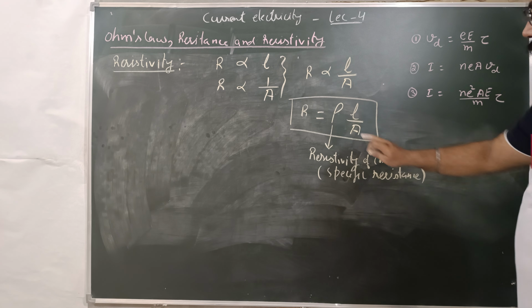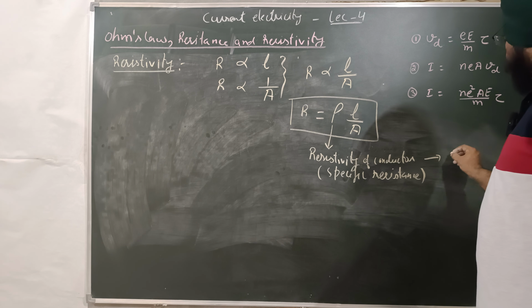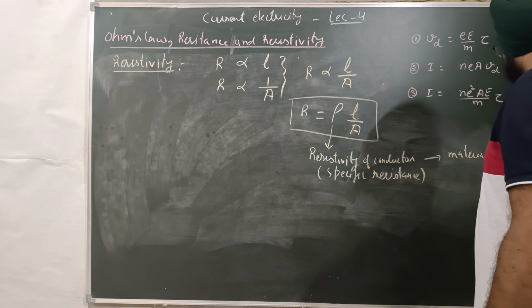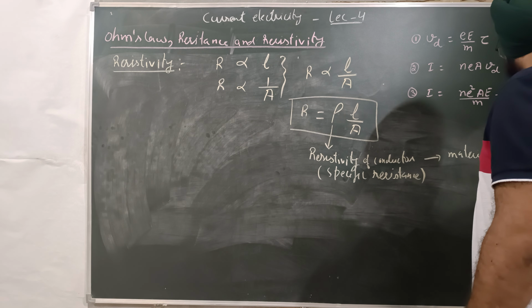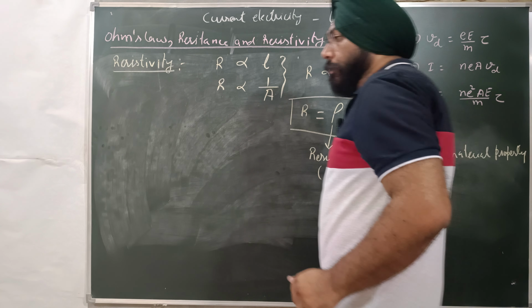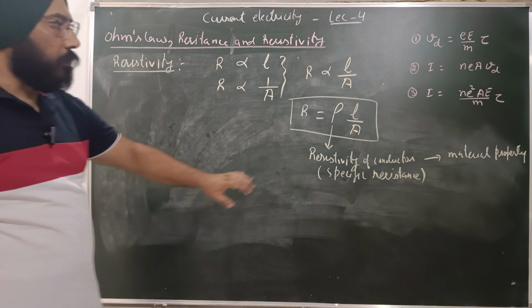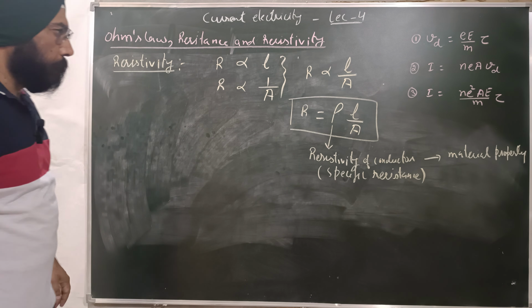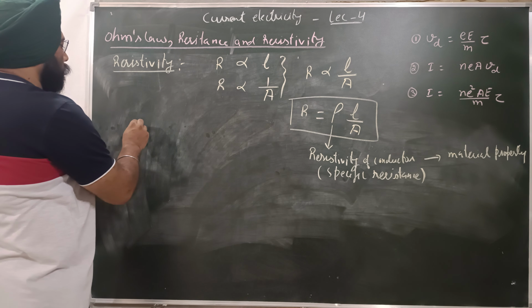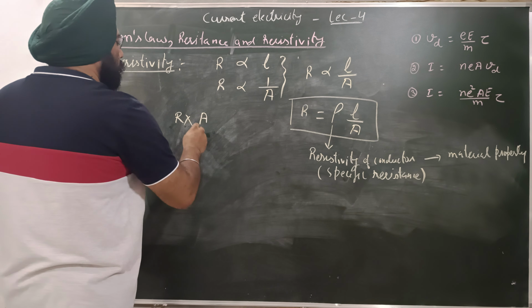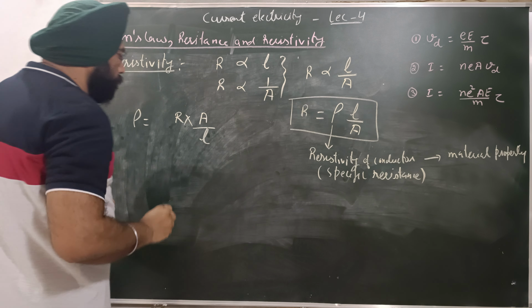This is the property only of the material, so it is a material property. ये केवल और केवल मटेरियल से डिपेंड करती है. It does not depend on the dimensions of the conductor. So from here I will get rho is equal to R multiplied by A over L.